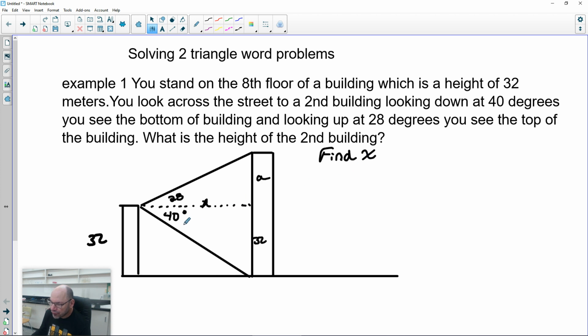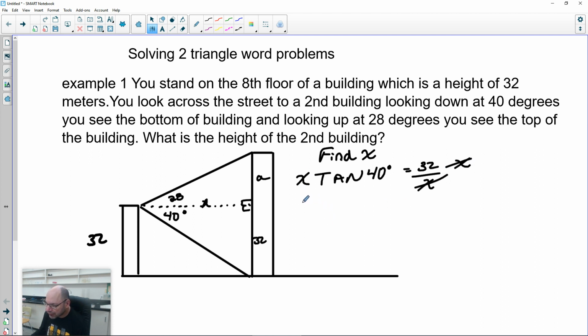So side X, this is the opposite side, and that's the adjacent side of the right triangle, if this is a right triangle here, of the 40-degree one. So we can say the tangent of 40 degrees is going to be the 32 over X. We're going to solve for X. So we're going to multiply both sides by X here to get rid of the X on the bottom.